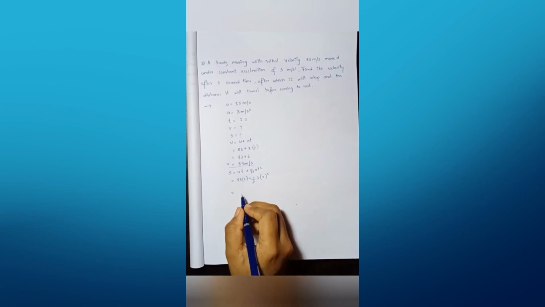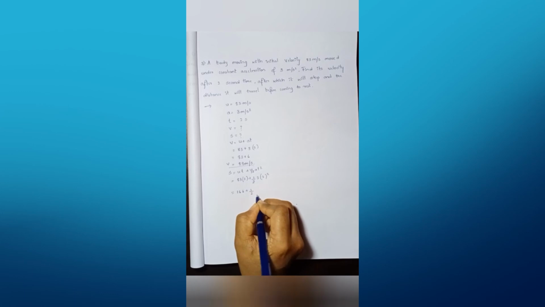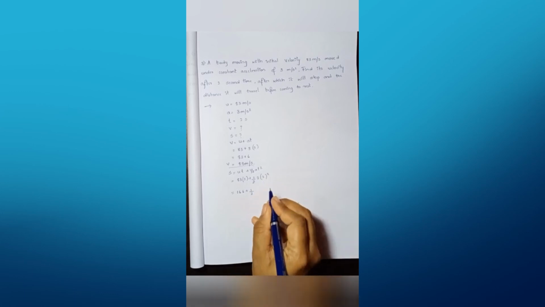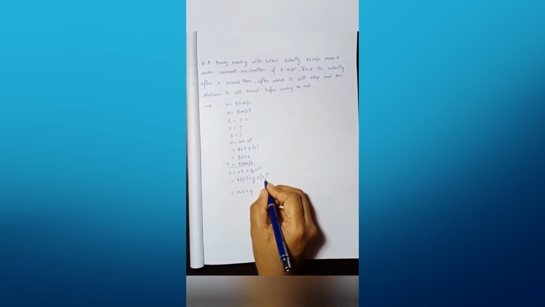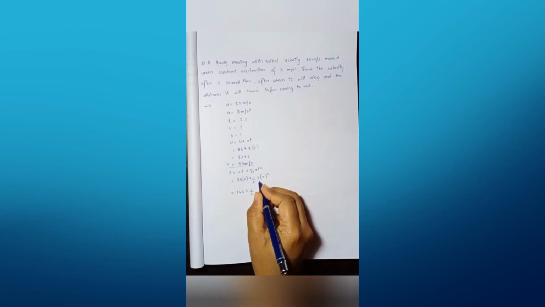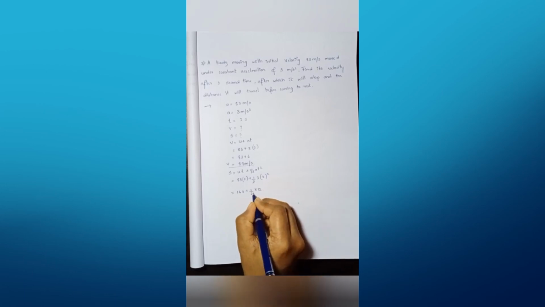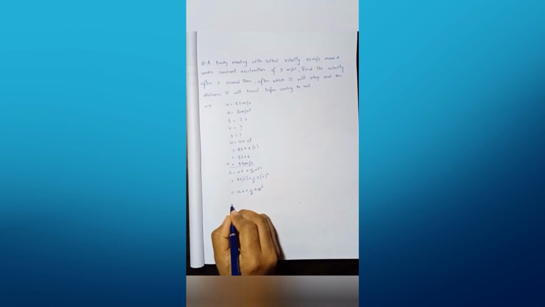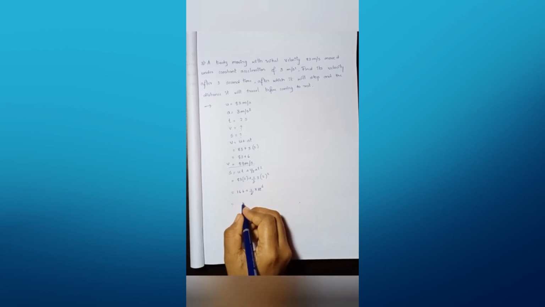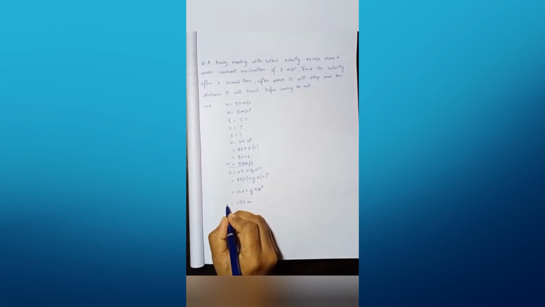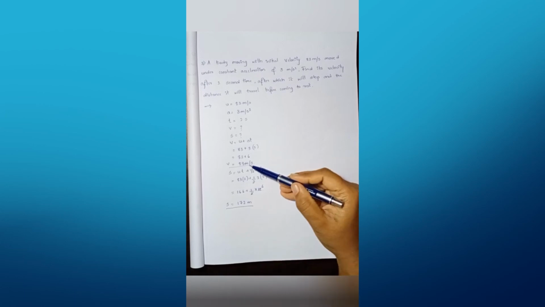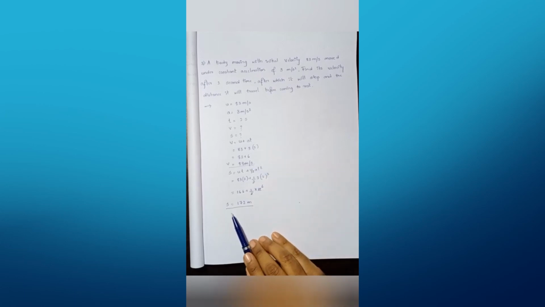Now 83 into 2 is 166, plus half into 4, 2 square is 4, that is 4 into 3 is 12. So half of that is 6, so 166 plus 6 will be 172 meters. That is the distance. So we have found out the final velocity and the distance.